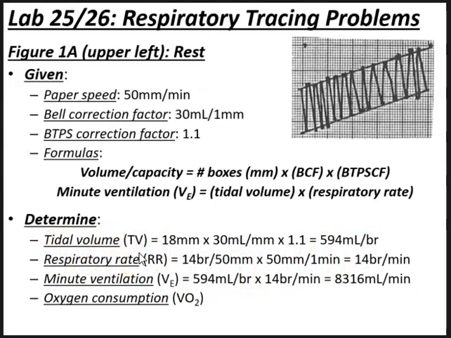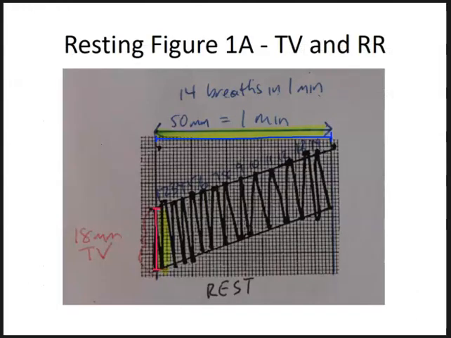Now for our respiratory rate, if we go back to our tracing, again we can count the number of peaks within this tracing, and it's already done for you, we count 14. So that means we have 14 breaths in 1 minute. Once we have counted that, we can again use it in a formula.